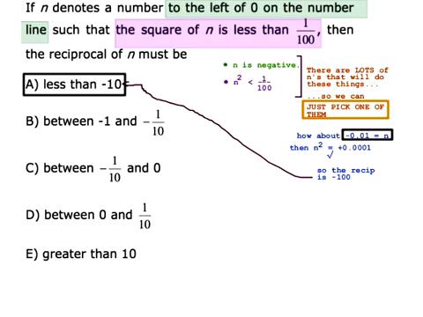Remember, there's no deception on this test, no tricks, no underhandedness of any type. When you see 'if n denotes a number that does this stuff,' that is a hint that you can do this, because it means n is a number that does that, meaning there's more than one. It's not the only one.